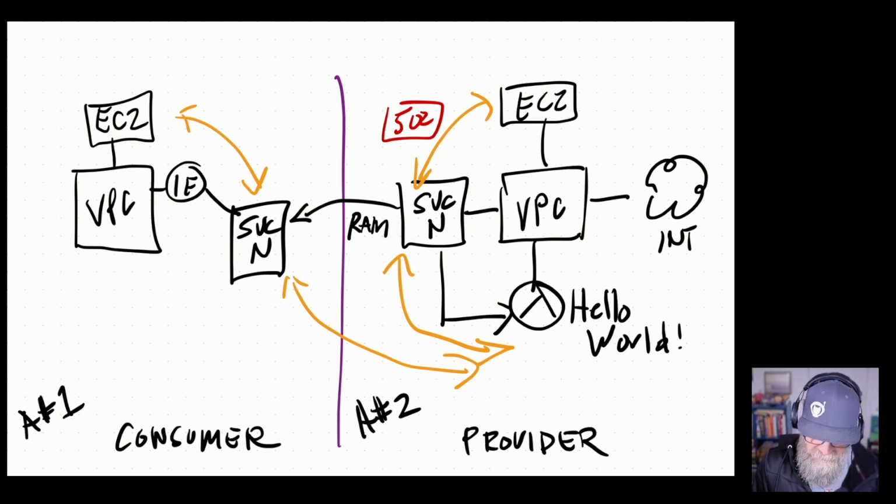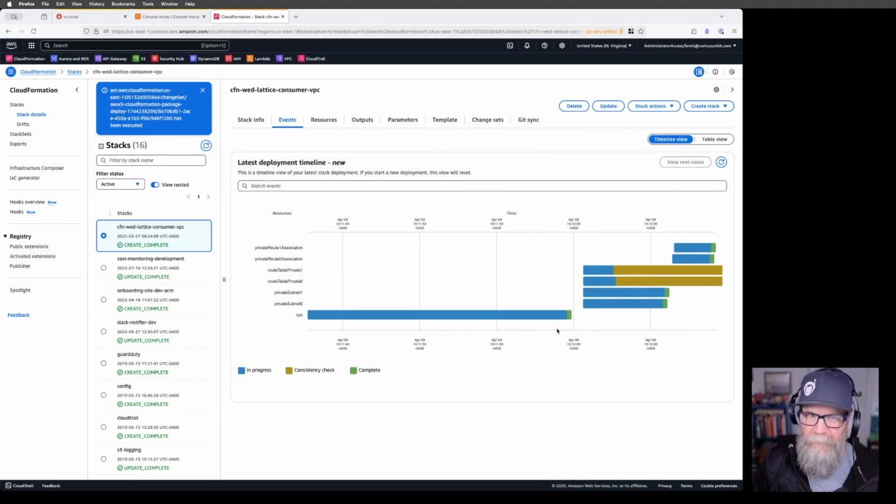The VPC in the consumer account is not. I don't really know why I did that. I just decided to show some different configurations and how they would all work together. Okay, so that's that. And our consumer VPC is now up and running. So that's good. We've got that deployed.